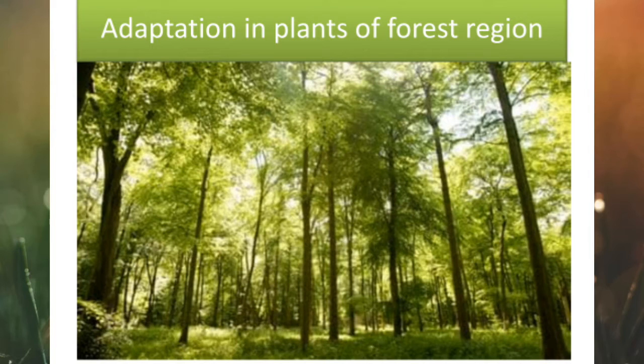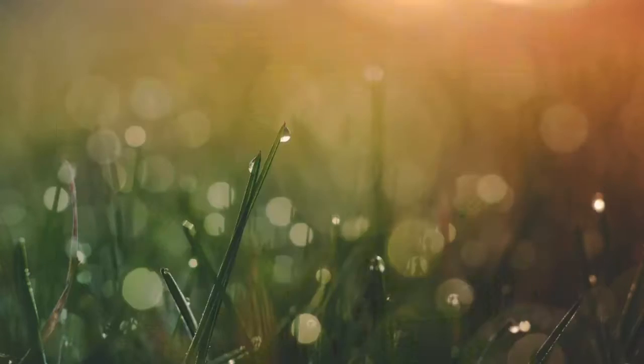Hence, trees grow tall to get sunlight. Climbers and vines grow to a great height with the support of trees. Spring-like tendrils on the stems of some climbers are an example of adaptation.